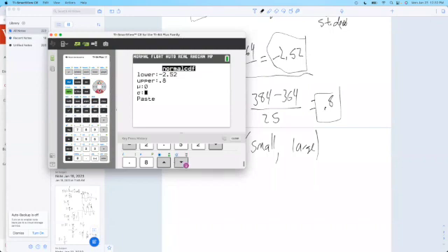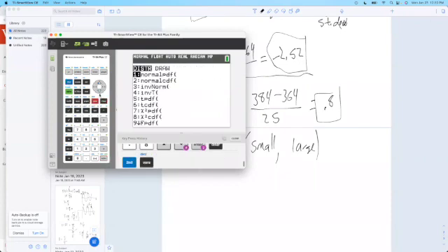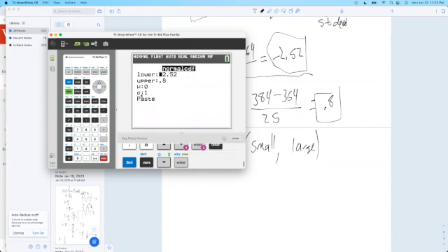And watch what happens. I get an error. That's because this is the minus button and that's the negative button. I don't want minus, I want negative 2.52. The negative button, not the minus button.